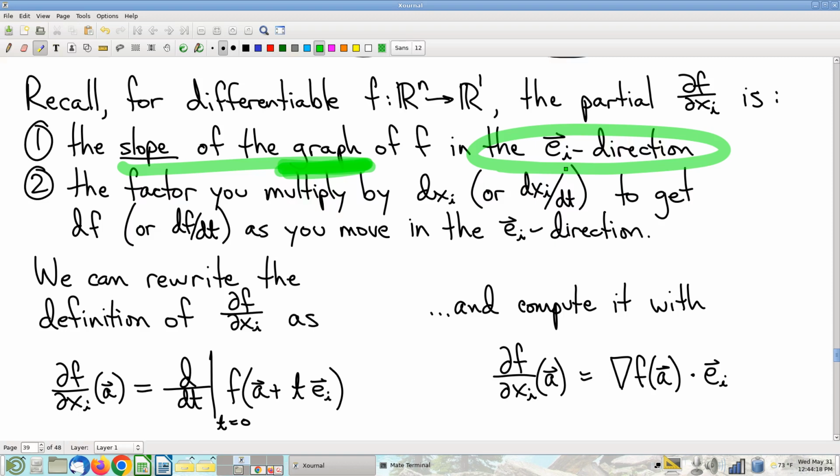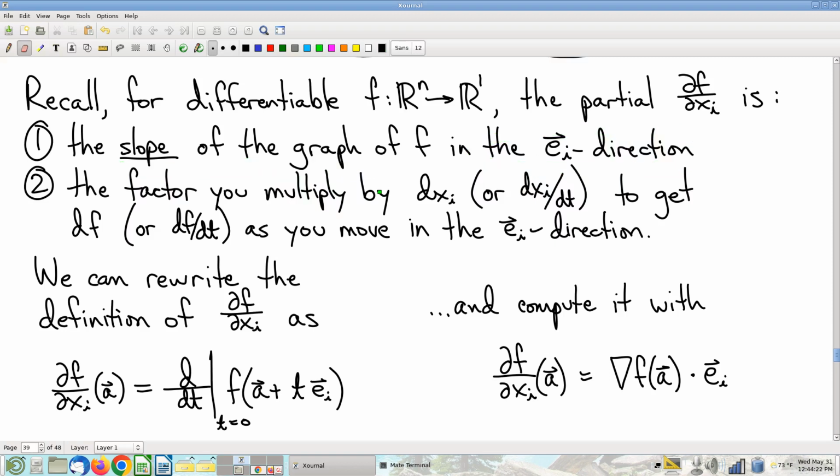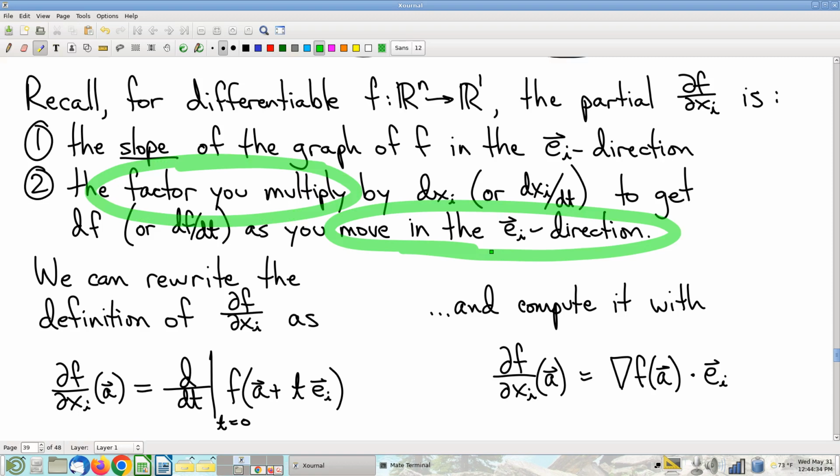So, slope of the graph if you're moving in the direction of that unit vector. It's also a multiplicative factor. This is another interpretation of a partial derivative. It's what you multiply by input change to get output change. Again, this is all assuming that you're moving in that direction. Again, I'm rephrasing that in terms of a unit vector. Forget about variables. This is in terms of a unit vector.